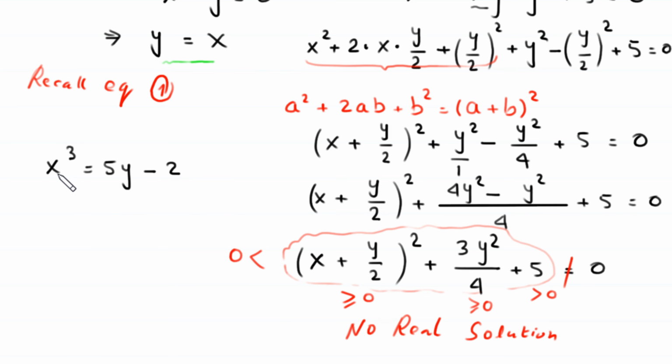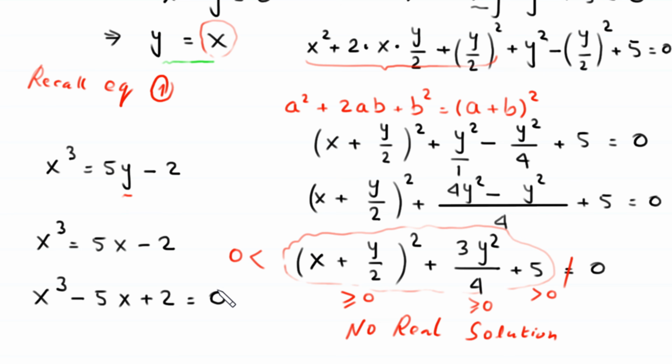In this equation we replace this y with this value x. So this will become x cubed equal to 5 times x minus 2. Move these two terms to the left hand side. This will become x cubed minus 5 times x plus 2 equal to 0.